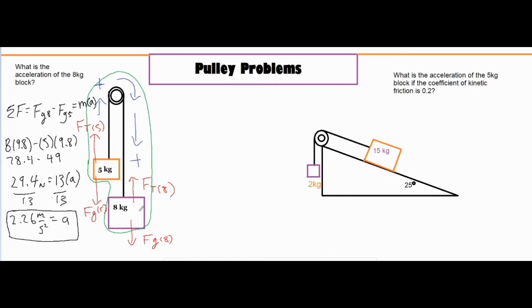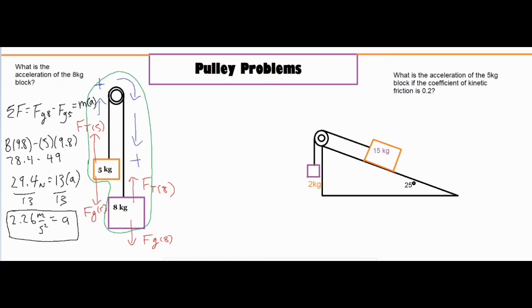Remember, although we're maybe focused on the 8 kilogram mass moving, there's still the 5 kilogram mass moving along with it, and all of that is within our green system. So our total mass is 13 kilograms. So it's not just the 8 or the 5, it's going to be the 13 in total. So I set that equal to 13 times a, divided both sides by 13, and the acceleration of our entire system is 2.26 meters per second squared.